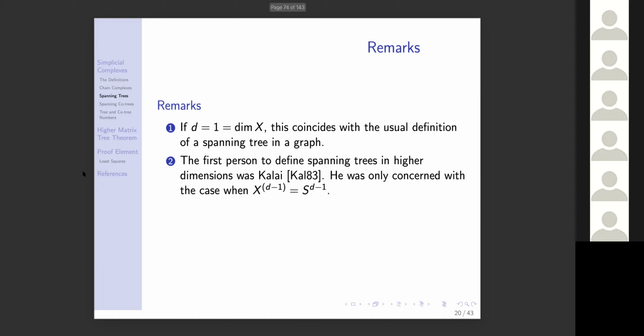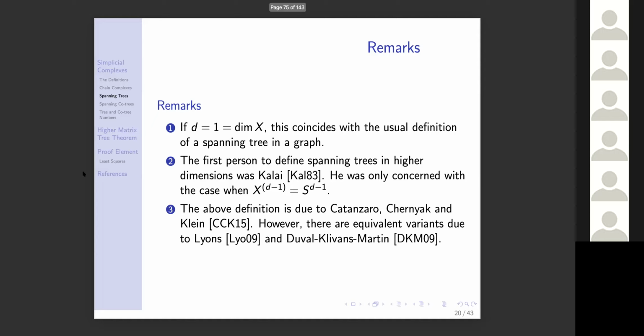The first person to define spanning trees in higher dimensions was Kalai in 1983, but he was only concerned with a very special case where the d minus 1 skeleton of X was a simplicial d minus 1 sphere, the same thing we defined before. He did not have a definition which worked for arbitrary simplicial complexes. The above definition is actually due to us in 2015.